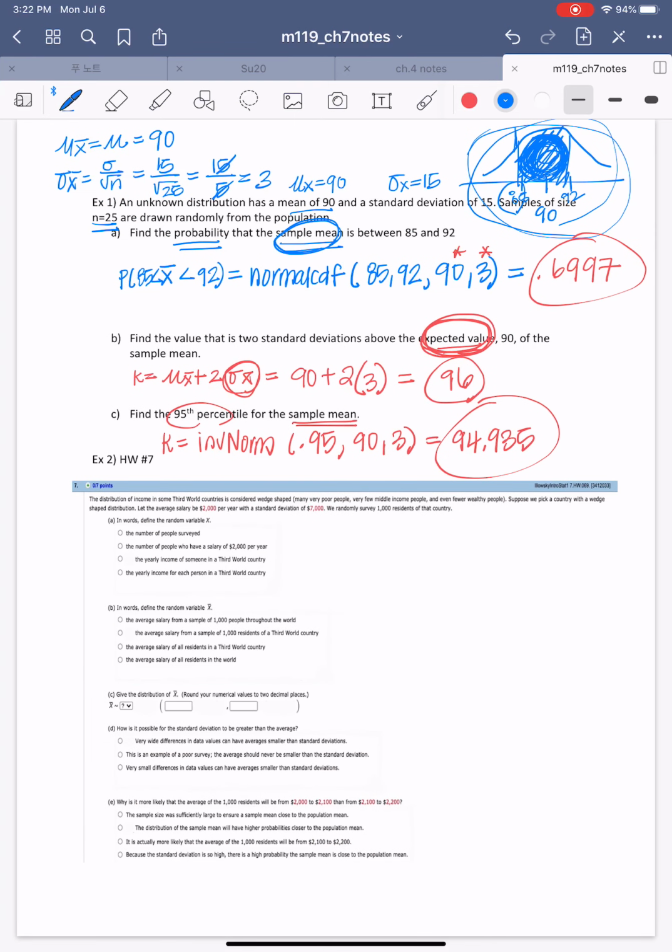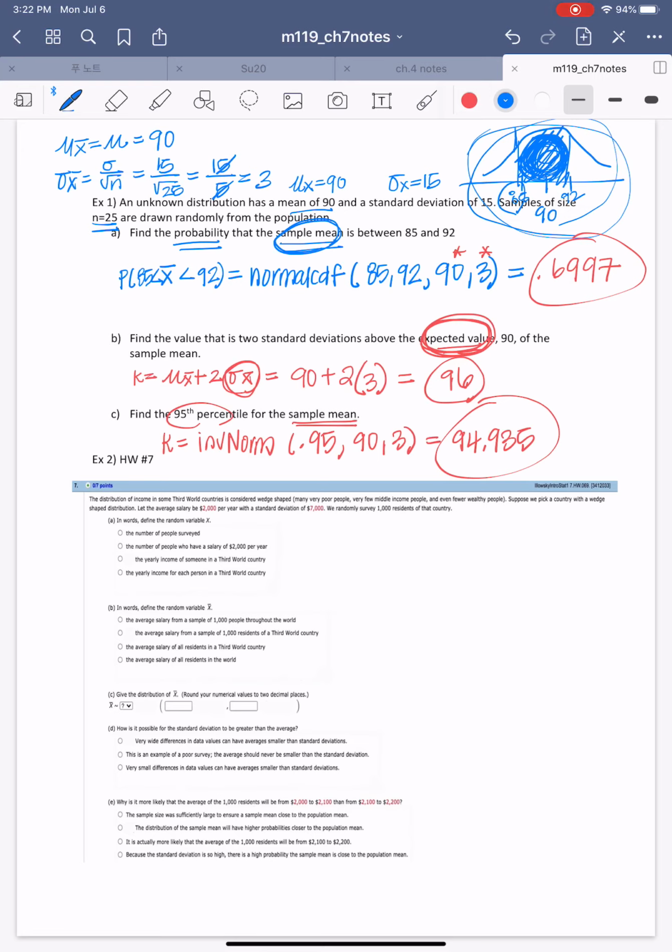Right, let's try working on exercise 2. This is homework number 7. So the distribution of income in a third world country is considered wedge-shaped.